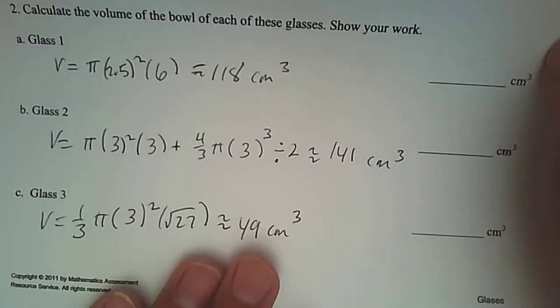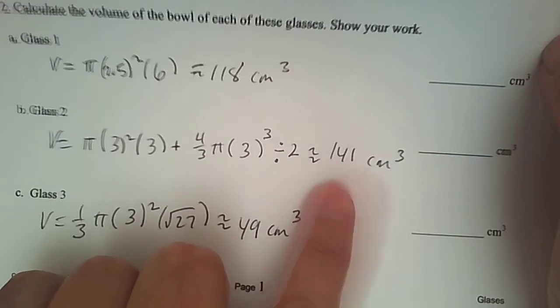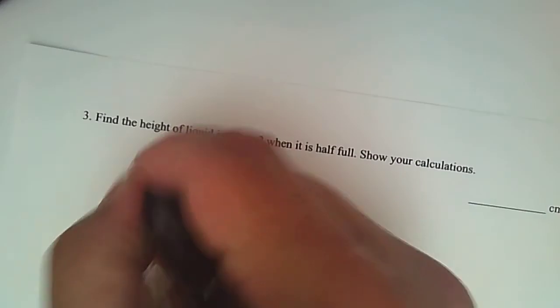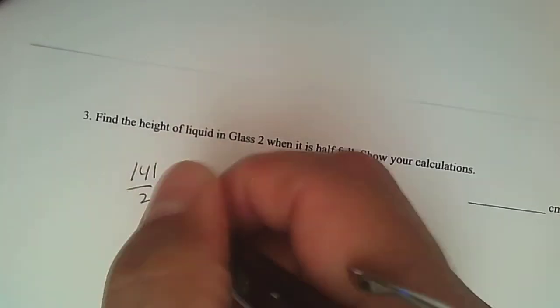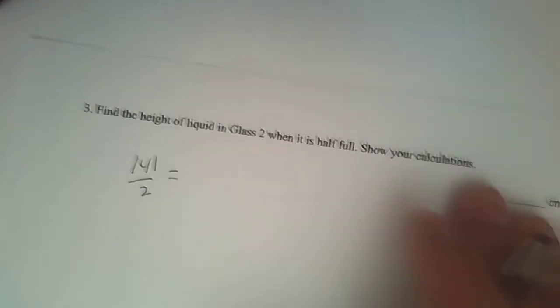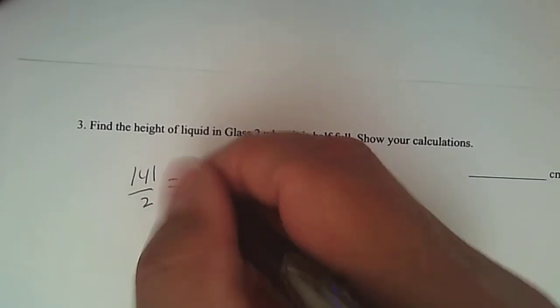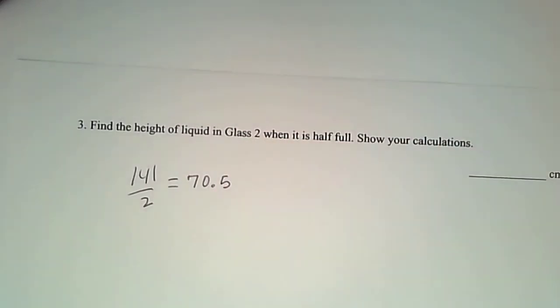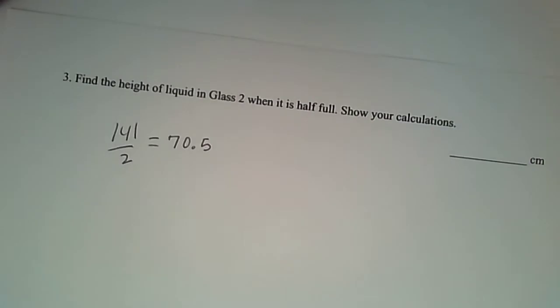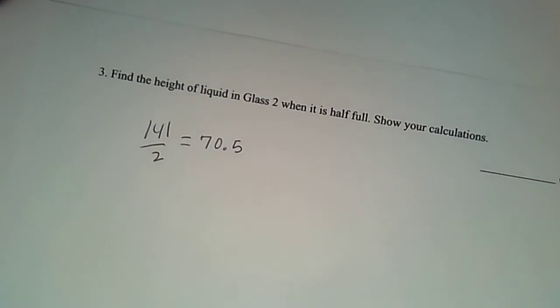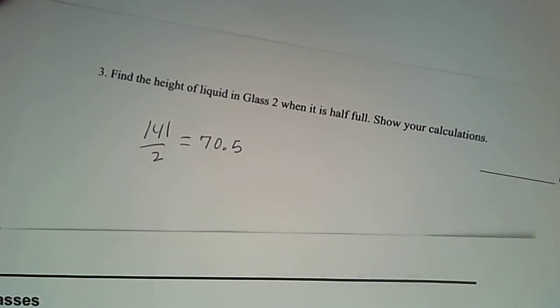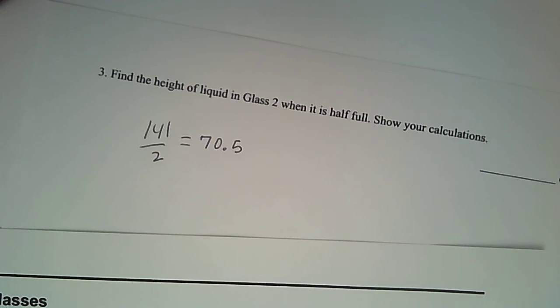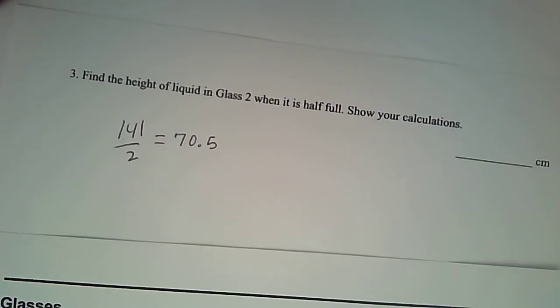So we're just going to use that approximate answer. The volume was 141. So if I go 141 divided by 2, that's about the volume of it. So what's that? 70.5. That's when it is about halfway there. So what would the height be if the volume is 70.5?